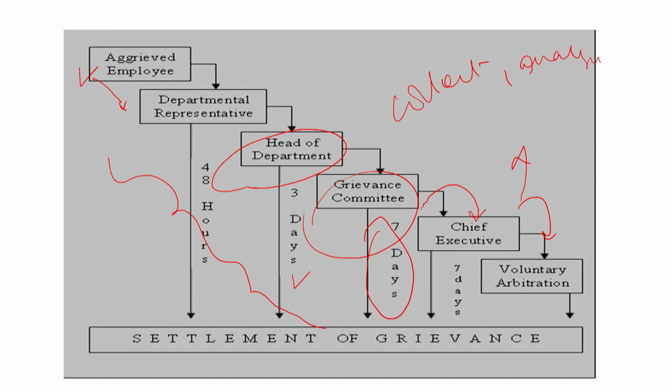The management should also give a very proper listening ear to the employees' grievances. The management should always verify the records before coming to any conclusions, and of course it is always desirable that there should not be any delay in providing a solution. And when we are talking about the voluntary arbitration, then amicable solutions can be provided to people.